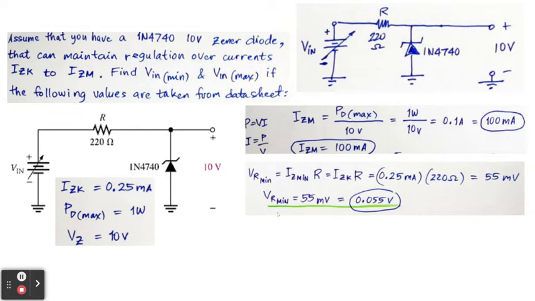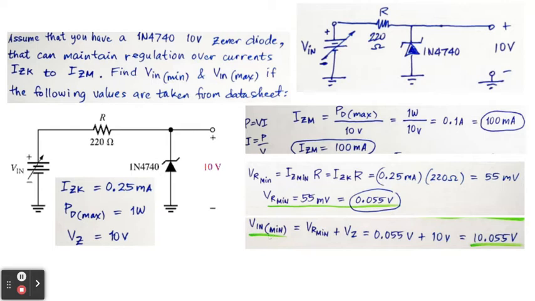Therefore, the VR minimum is equal to 0.055 volts if you want to use volts, or you may also write it as 55 millivolts. Take note that the letter m must be written in small letter. If you write it as a big letter, then it will signify mega.